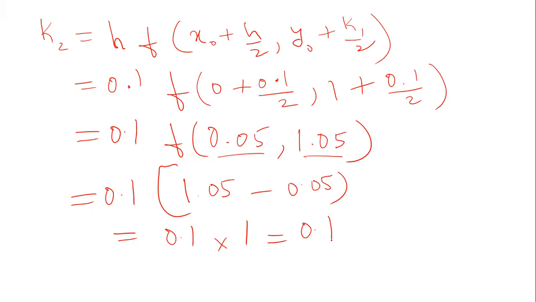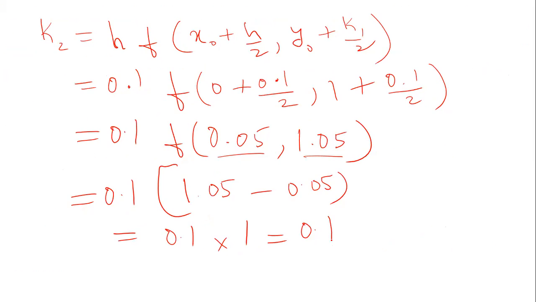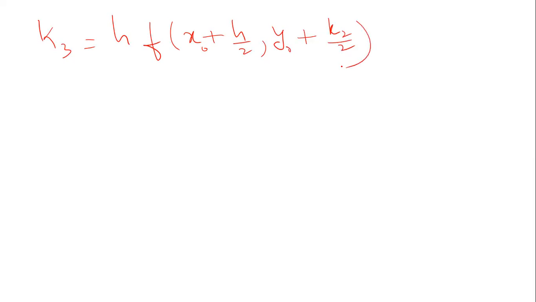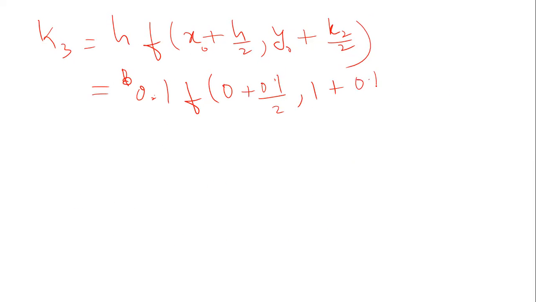Now your k3 is this formula. k3 will be h of f of x naught plus h upon 2, y naught plus k2 upon 2. h is 0.1. x naught is 0, so 0.1 upon 2, same thing you will get. y naught is 1, k2 is 0.1 upon 2.